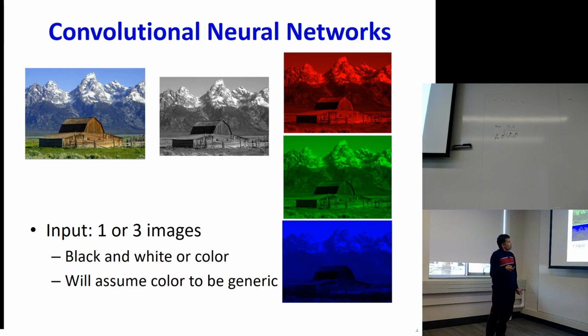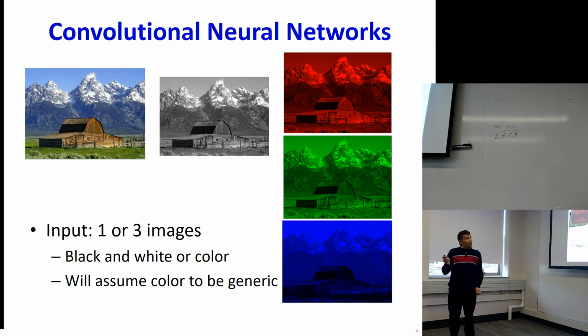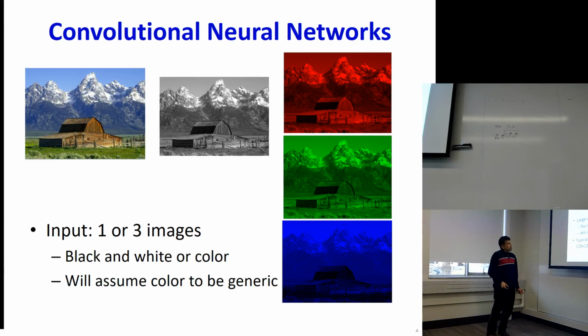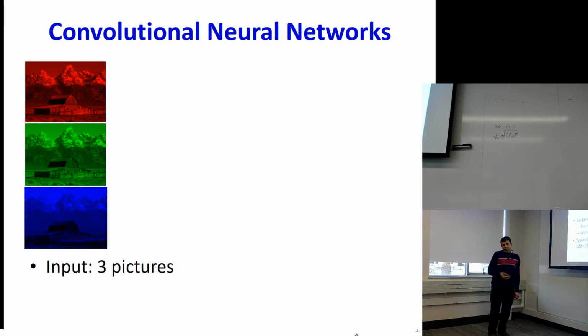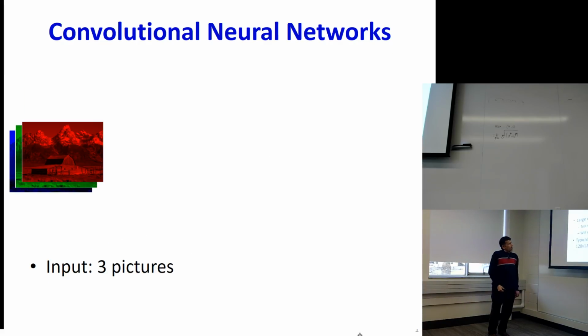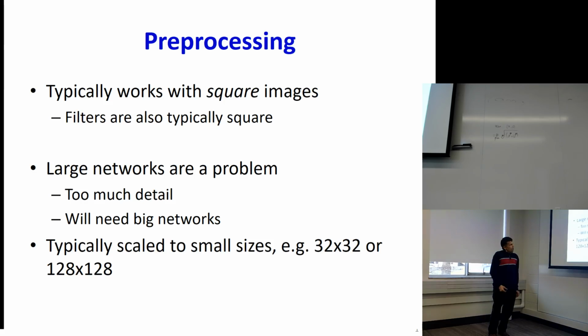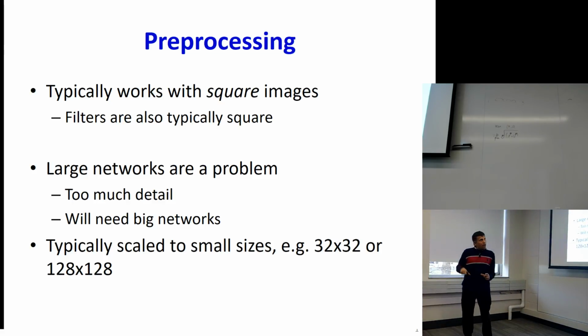And so here's the input, which comprises 3 pictures. You stack them up, so now it's a cube, right? And typically, we work with square images, or used to. These days, we're getting more flexible. If you're going to be working with images of any kind, then you're going to end up with a large network. Too much detail.